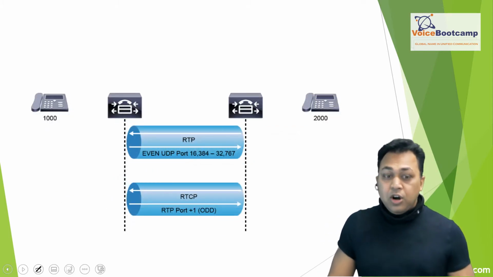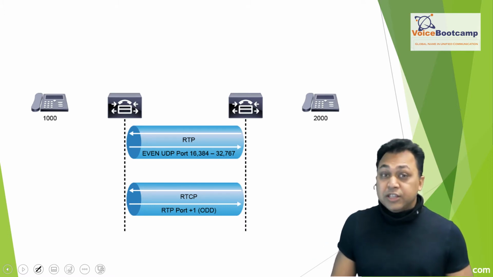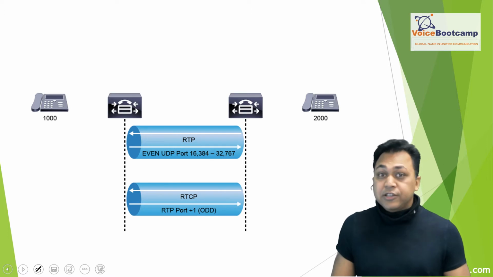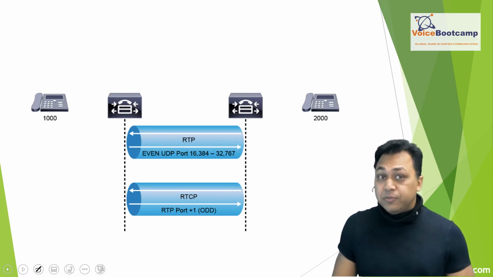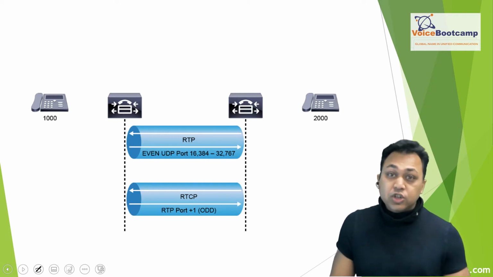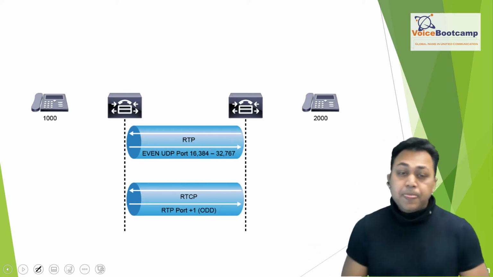Now, once the call negotiation is done, then in negotiating the stream, the two endpoints, in this case the two phones, will negotiate the port that they want to be used to establish a bidirectional connection for Real-time Transport Protocol, known as RTP, as well as RTCP.